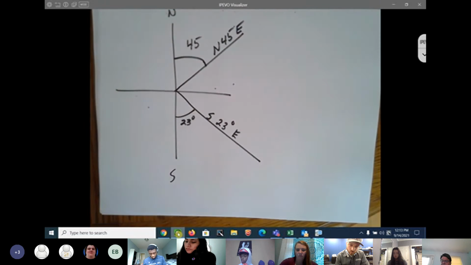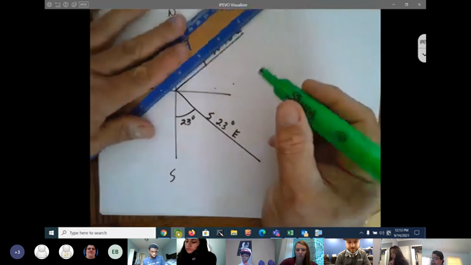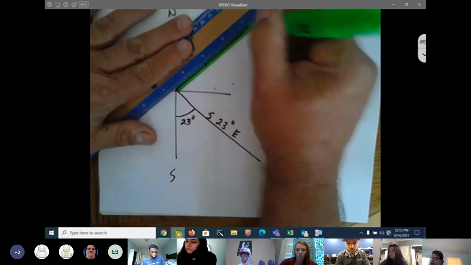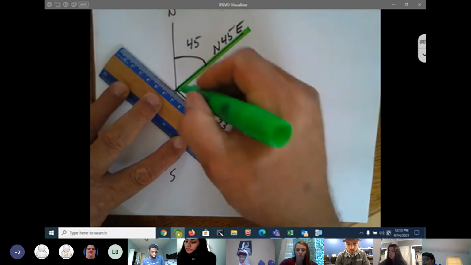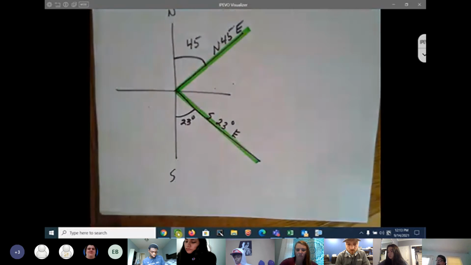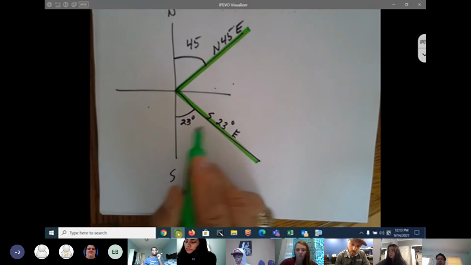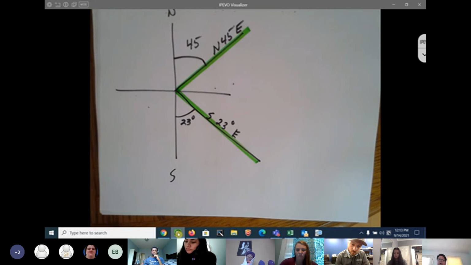These 2 lines right here are bearings. Now, I may get in trouble with academia because they want a true bearing off of north, but in the real world, these 2 lines right here are bearings. The first one is off of north. The second one is off of south. Bearings are measured off of north and south. So I can do this one over here.